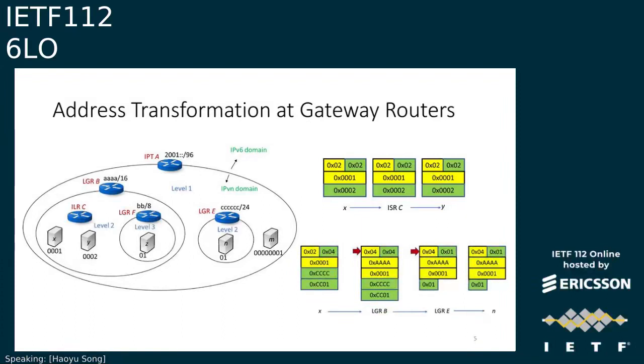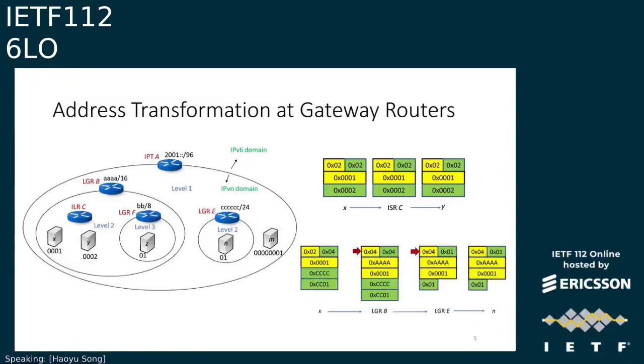You can see first it will go through LGR-B, level gateway router B. Level gateway router B keeps its own network prefix, which is 16 bits long, and this router will augment the source address with this prefix.